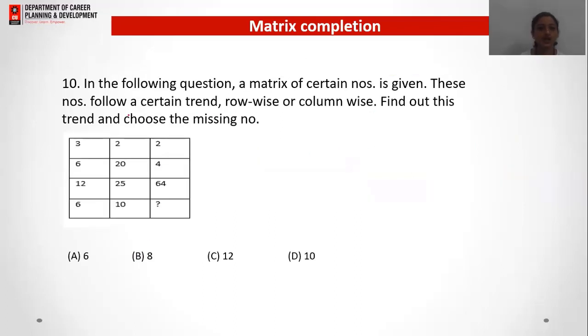Now the next one. In this, we have to find the missing number, so we need to check the pattern. Here we can see if we multiply 3 with 6 with 12, we will get 216. And the cube root of 216 comes out to be 6, so 6 is written in the last row.